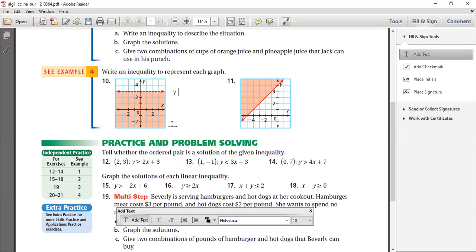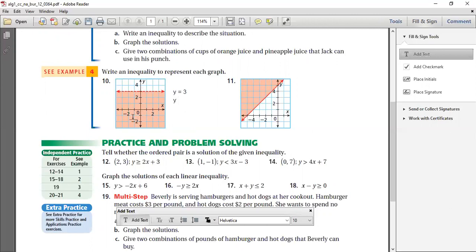So y is equal to, now this is a horizontal line, which means the y-intercept is going to be 3. This will be true if it was just an equation, but as this is an inequality, you have to say whether it is greater or lesser.